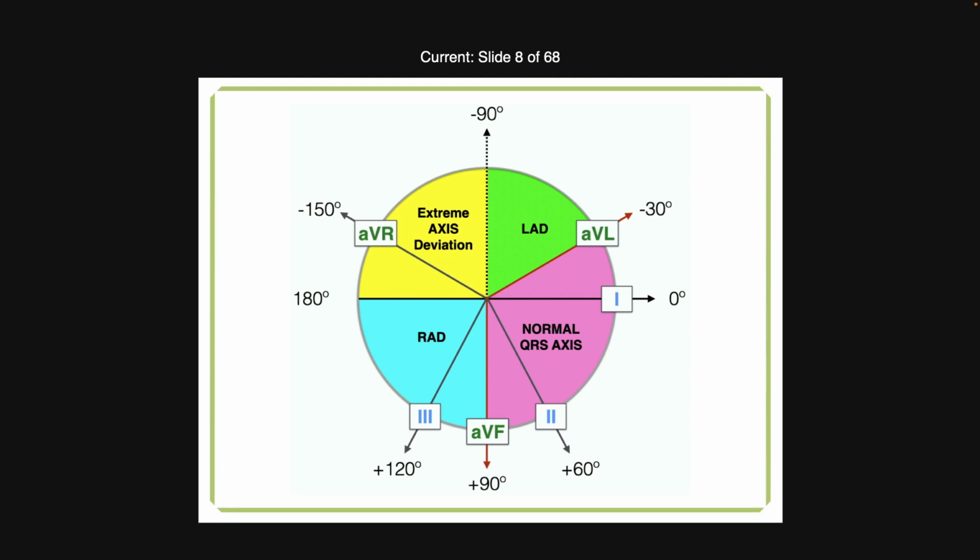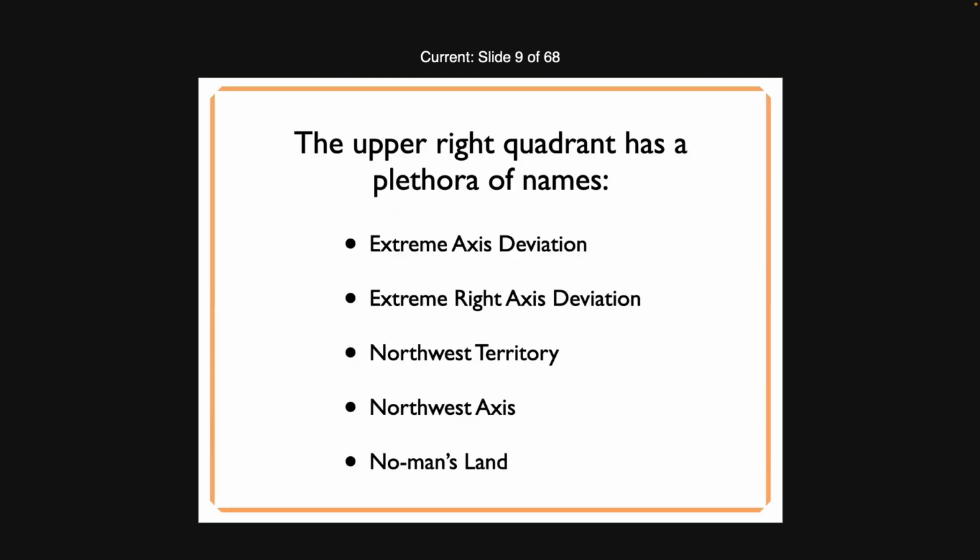That upper right quadrant is really funny, because it's pretty rare for anything to be in the extreme axis deviation. But even though it's the most rare one, it has a whole bunch of names. For everything else there's only one name: left axis deviation, right axis deviation, or normal. But here are all the names in use for that upper right.